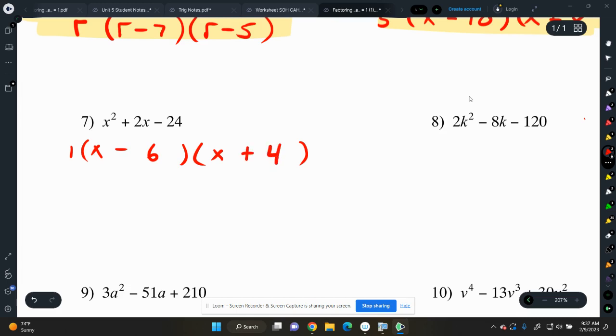Okay, let's check that. Negative 6 times positive 4 is negative 24. What's negative 6 plus 4? Negative 2. And what did I need? Positive 2. So what do I do? Switch the signs. Yes, switch the signs. We're going to make it a plus 6 and a minus 4.